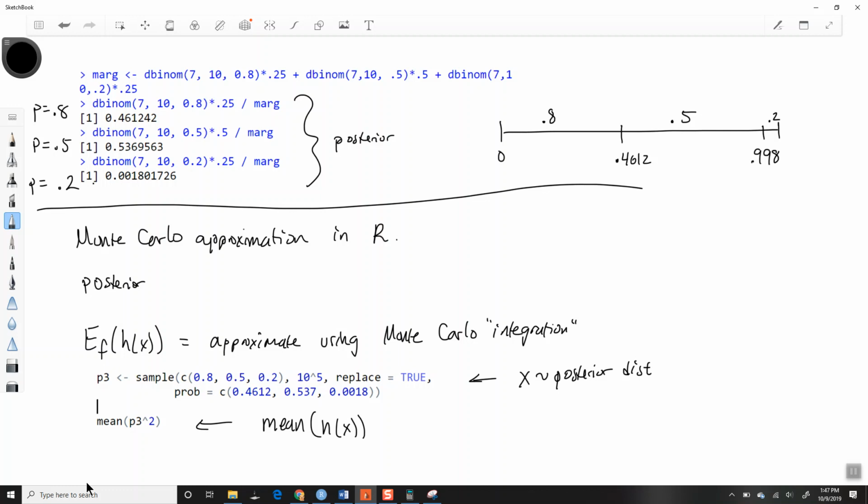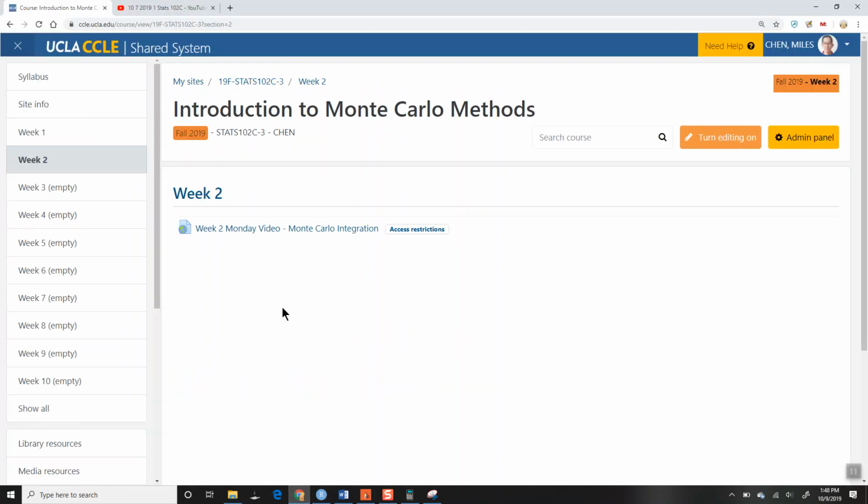So what do we do if the result that we get has this weird PDF? The result will always have some kind of PDF, but maybe it's not one of these predefined things. Maybe it's not something that R has. And that's going to occur in situations where you're not using a conjugate prior.